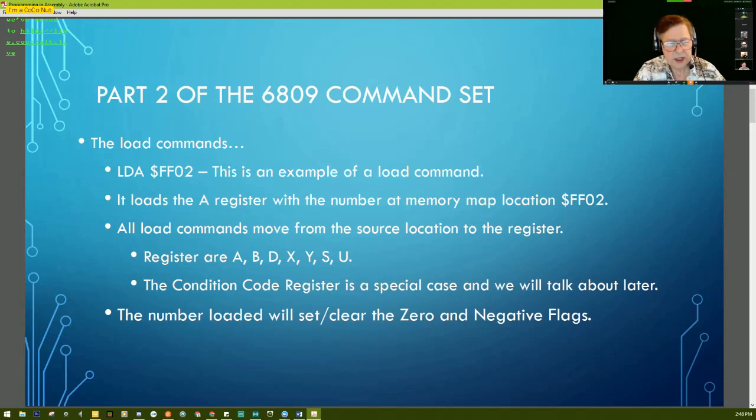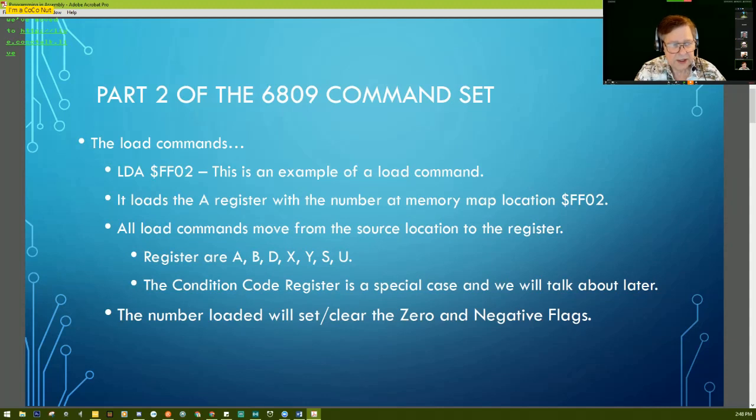Now, there's another thing: whenever you're doing work such as loading and saving and arithmetic, you're going to affect the condition code registers. These are special registers that let you know things like, was the number 0 that you just loaded? Or was it a negative number, which we'll talk more about later?